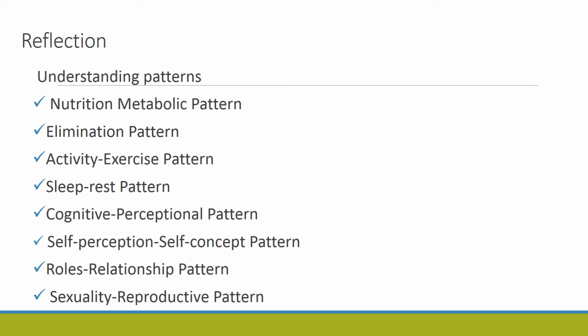Those patterns that I was talking about, these are located within Chapter 7, and they begin on page 153 under the titling of Health Perception, Health Patterning. And this is an amazing chapter.